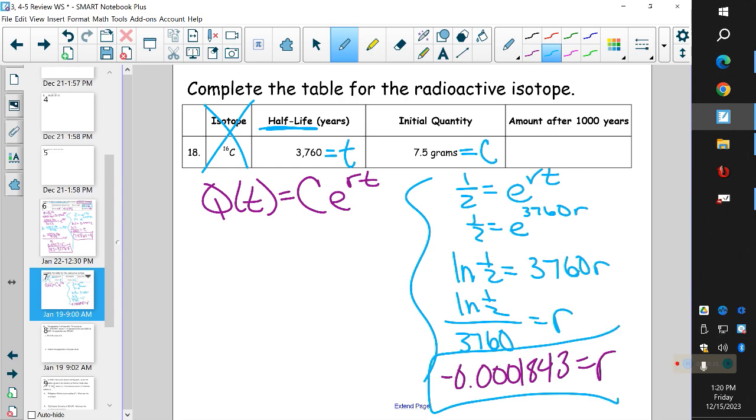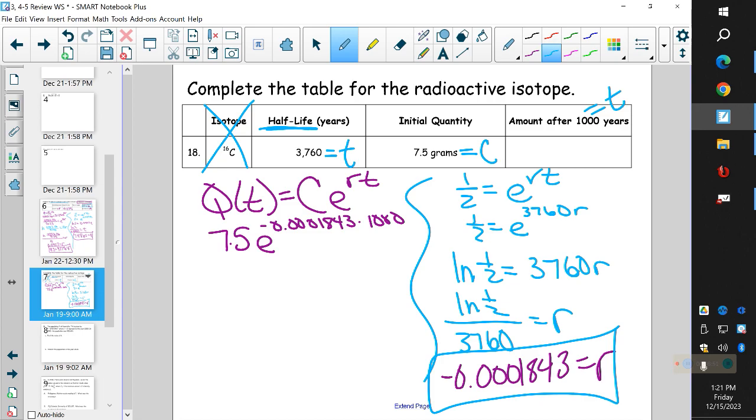So now that we found our rate, what am I going to do with that rate? Plug it into the circle. I need to know the amount after 1,000 years. What is 1,000 representing here? Time. So I'm going to put C, which is 7.5, e, my rate, negative 0.00018433 times 1,000.